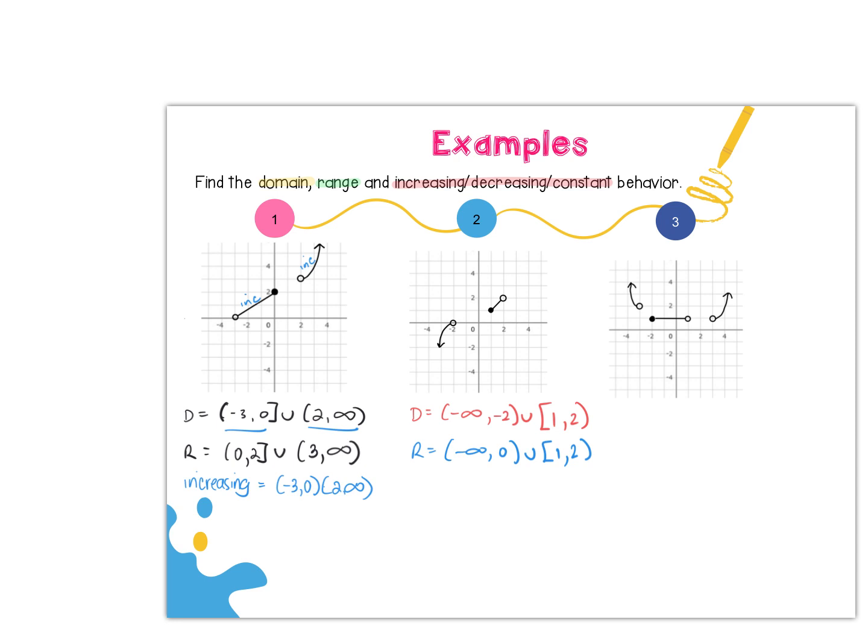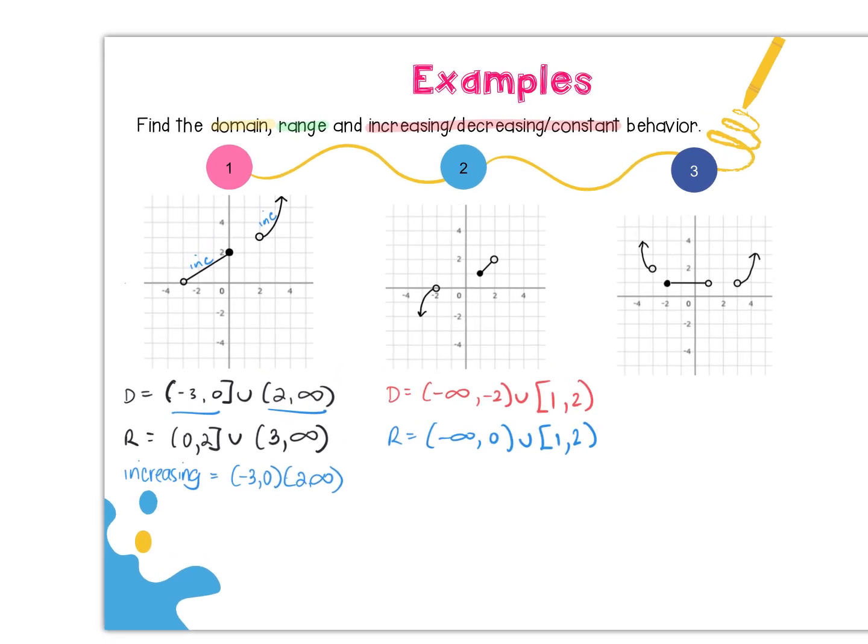And then lastly, I'm going to go to the increasing and decreasing. As I go through my x's, remember, I have to say, as I'm moving from left to right along the x-axis, what's happening with the graph. So I know that this one, as I move from left to right, is increasing, as is this one. So I'm basically going to be rewriting pretty much the domain, okay?